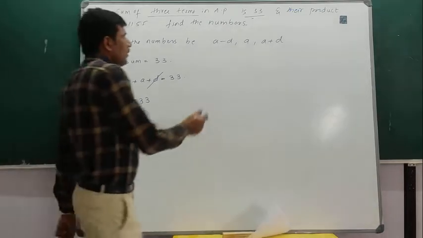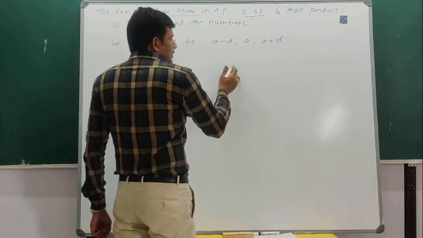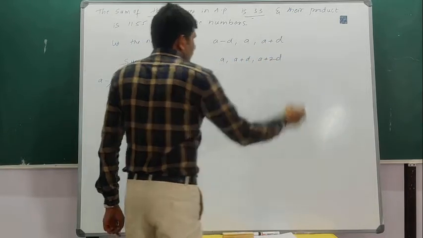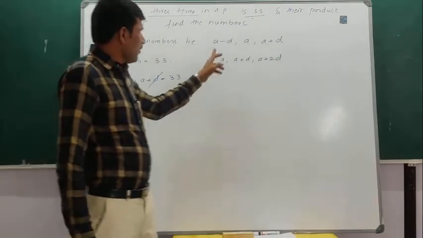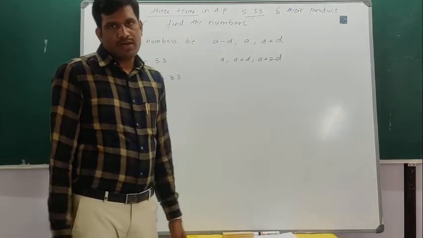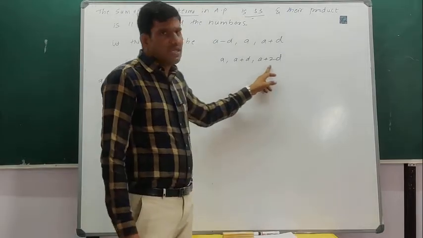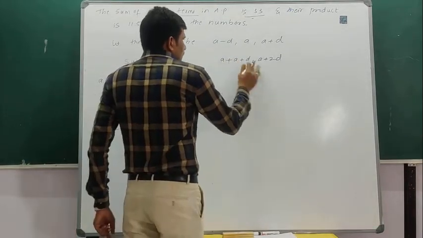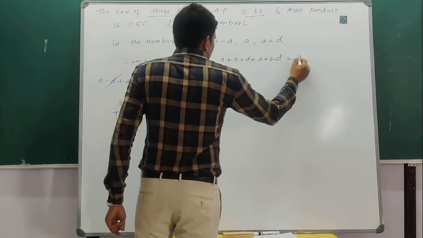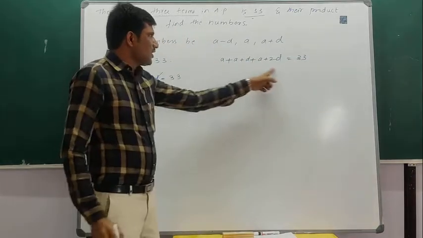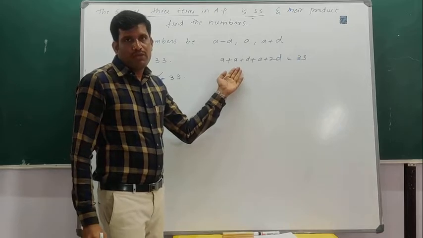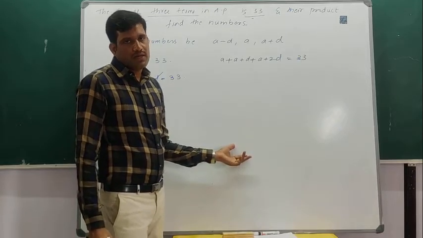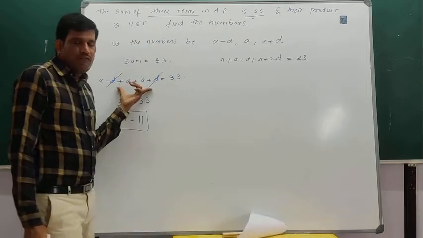Now instead of a minus d, a, a plus d, if I take the numbers as a, a plus d and a plus 2d, these are the first three numbers in AP. So here the sum of three numbers, that is a plus a plus d plus a plus 2d, is equal to 33. If we take the numbers in this form, neither a nor d will get cancelled, so this computation will become lengthier.